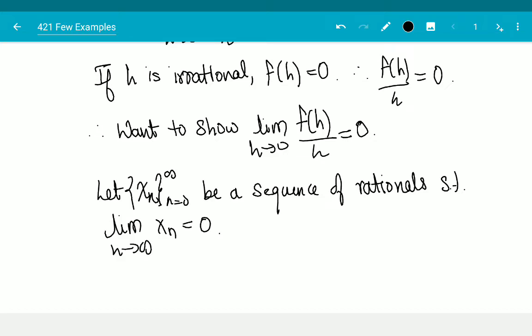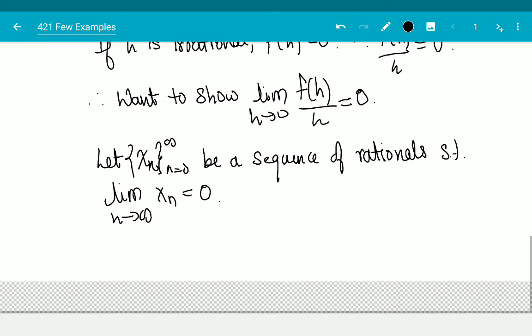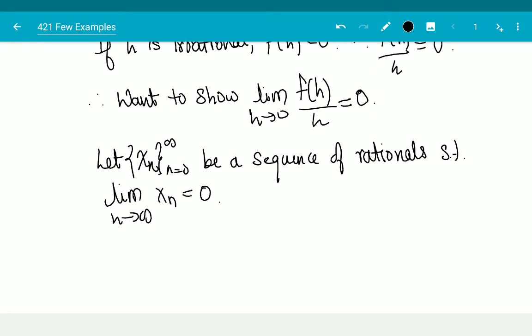This is any arbitrary sequence. So if I show that f of h over h for this sequence is 0, that would mean the limit is 0 for rationals as well as irrationals, and so this is 0, right?